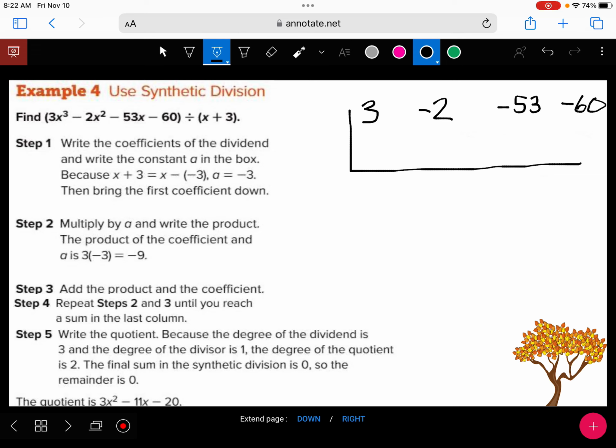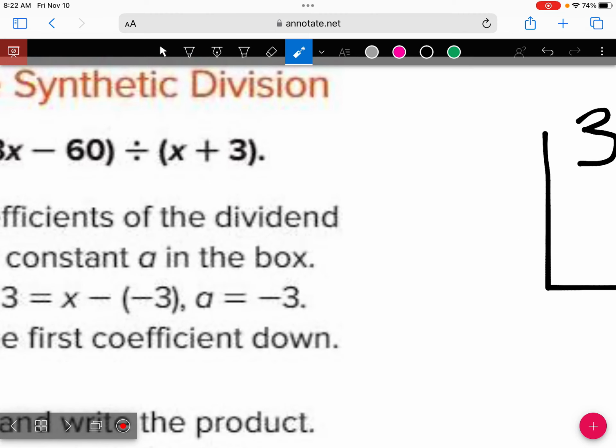So we take just the numbers, no x's. You should never have an x inside your synthetic division. No letters, just numbers. On the outside, in the divided by spot, is the solution of x plus 3. This is what we're dividing by, and we need its root. What is the root for x plus 3?